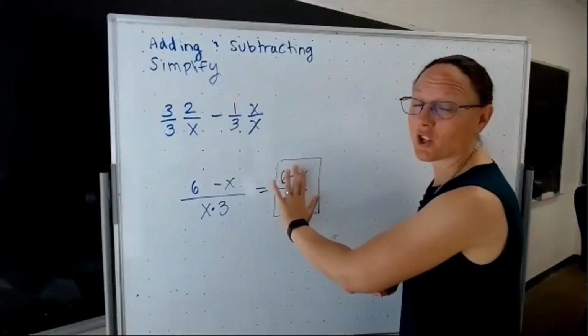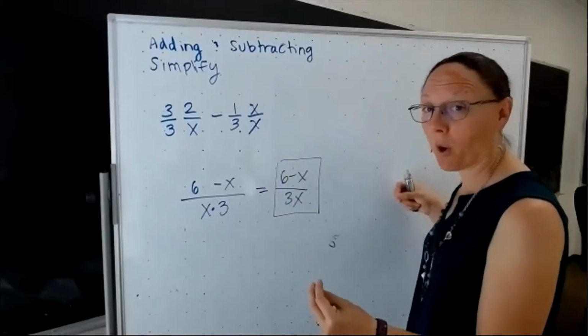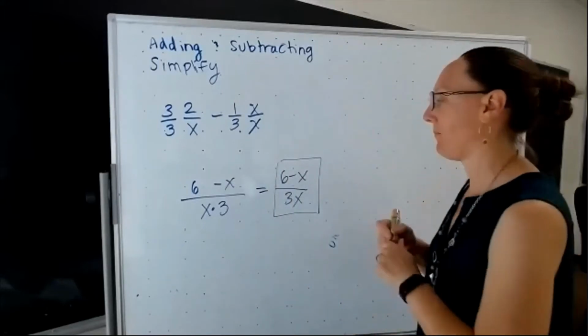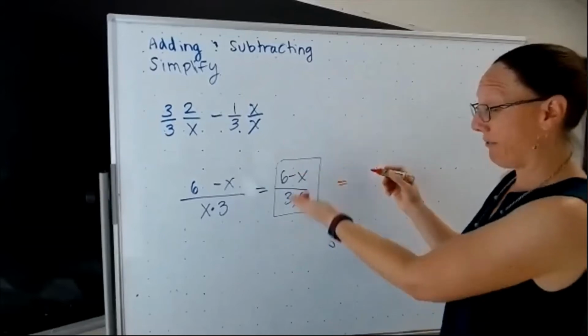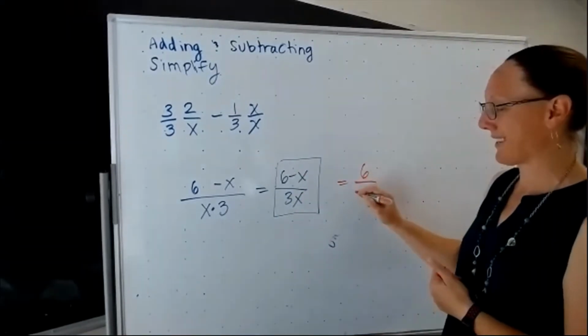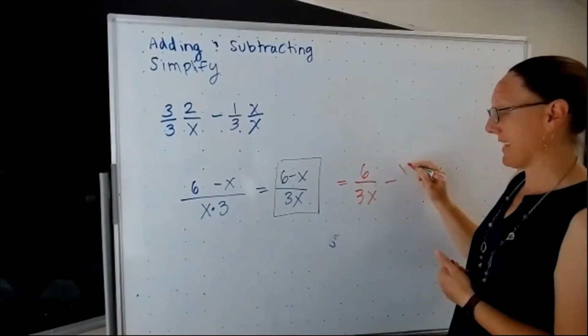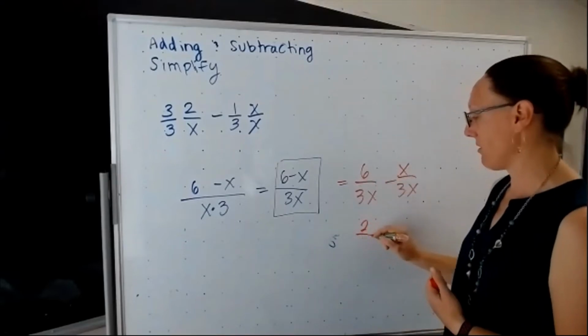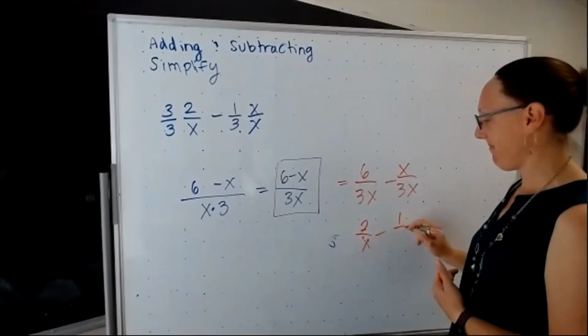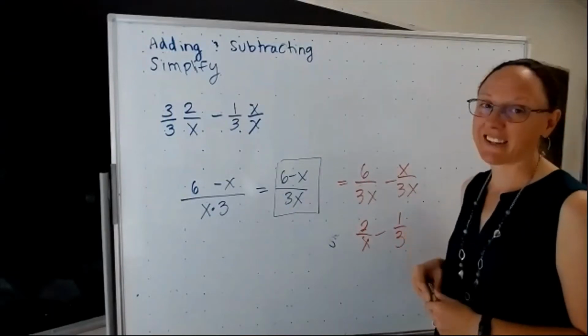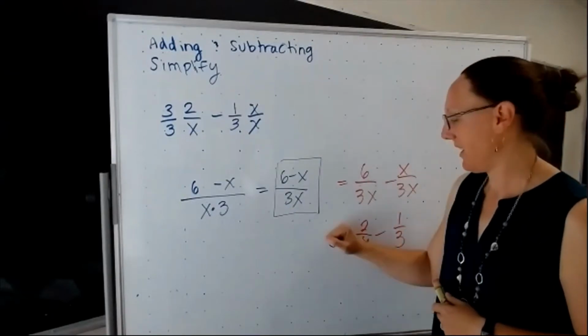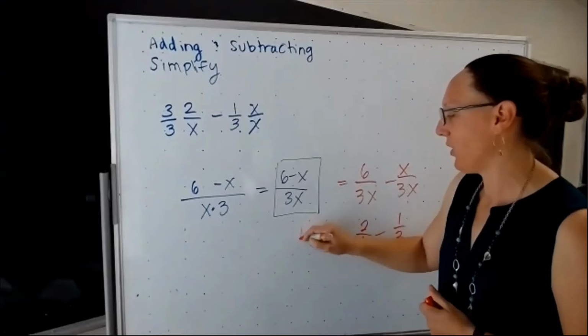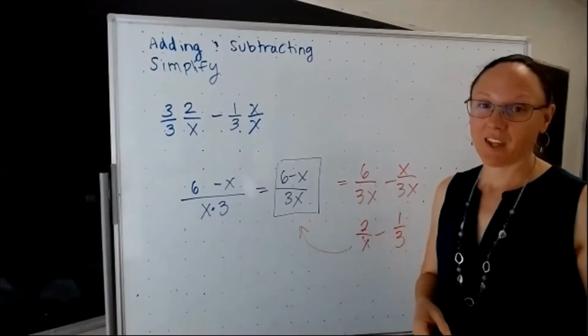So I need to be able to start with something like this and break it apart into 2 fractions by visualizing that as 6 over 3x minus x over 3x, and then simplifying each of those. And I need to be able to start with this and go back to here.